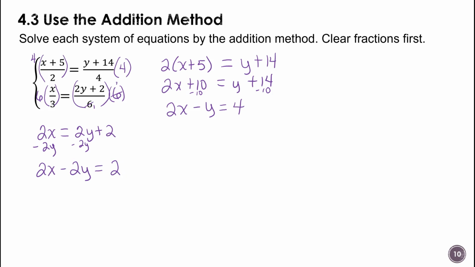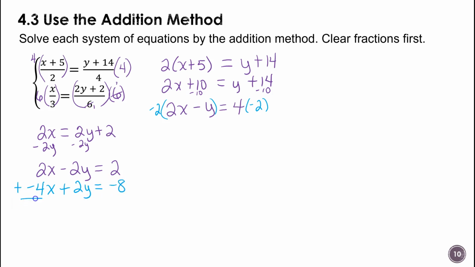Okay, so notice on the top, the first equation, I have just a negative 1x. I'm going to multiply that one times negative 2, because I need it to be positive, because in the other equation I have a negative 2y. So by negative 2, and then that's going to be negative 4x plus 2y equals negative 8.